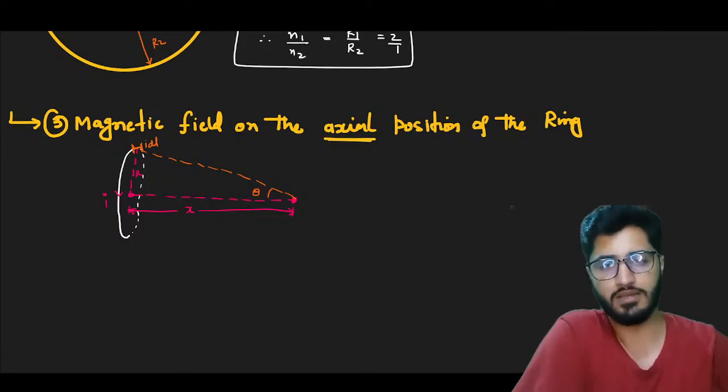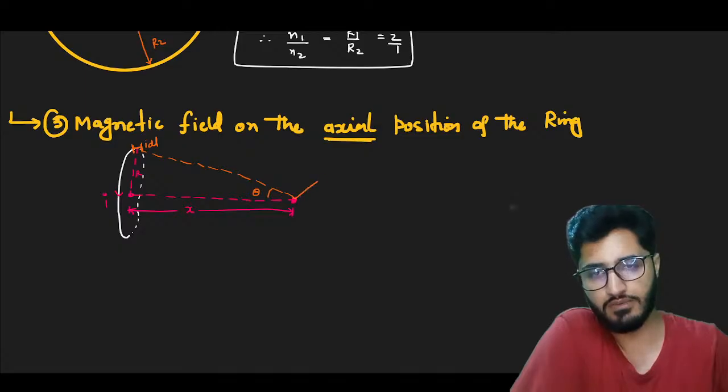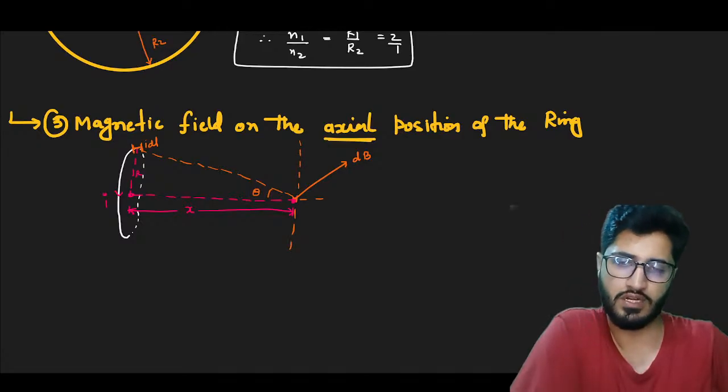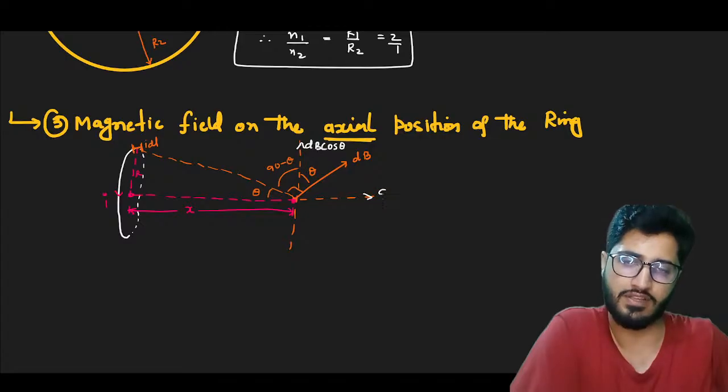So this would be my dB, a small element. Look here now. This angle is theta, and this one would be 90 minus theta. These two are 90, so this could be theta. If this one is dB, then this would be dB cos theta, and this one would be dB sin theta.